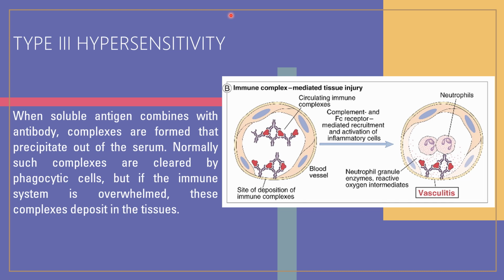That's why type 3 hypersensitivity is also referred to as immune complex type of hypersensitivity reaction. So usually the deposition of the immune complex is influenced by the relative concentration of both antigen and antibody.